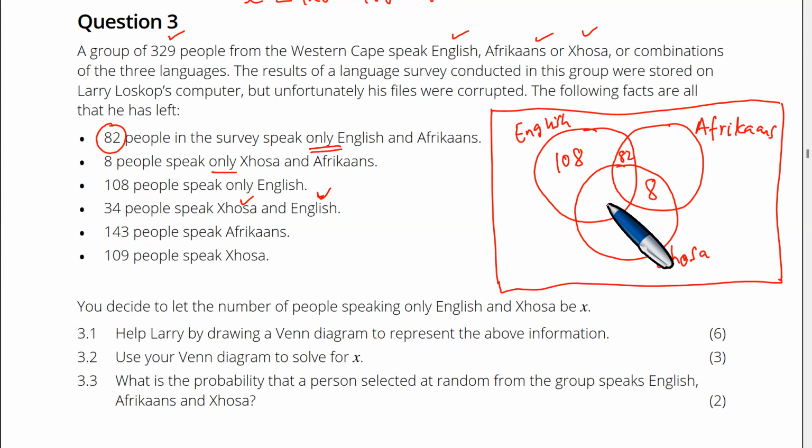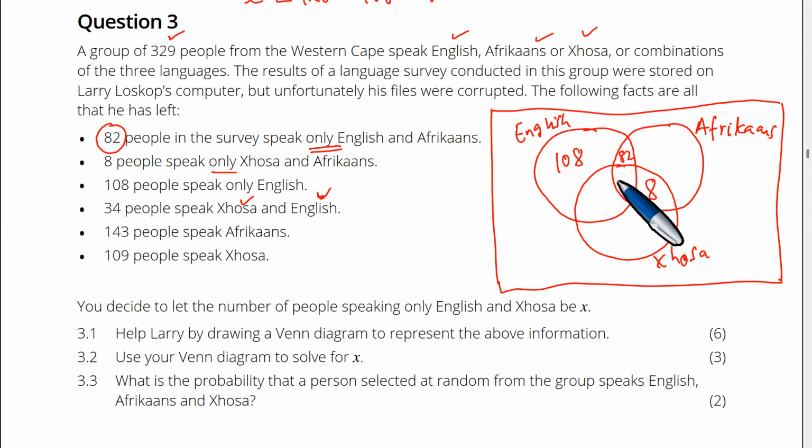Now we're going to attend to the 34 people, because if you look at the Xhosa and English at 34, it means that they are here, and these must become 34.